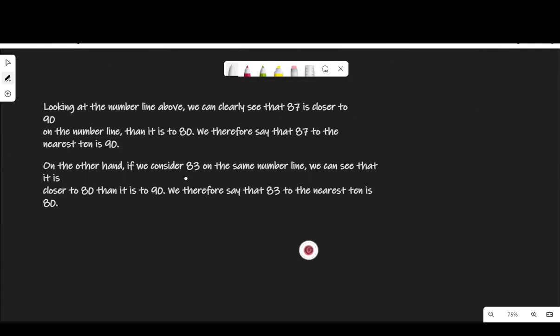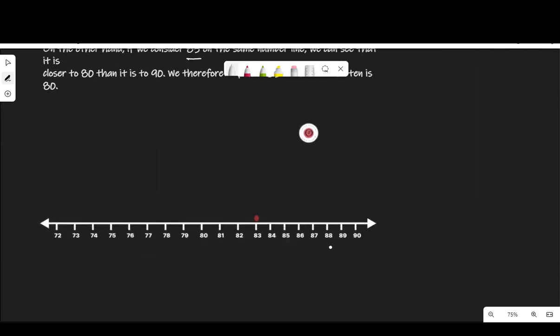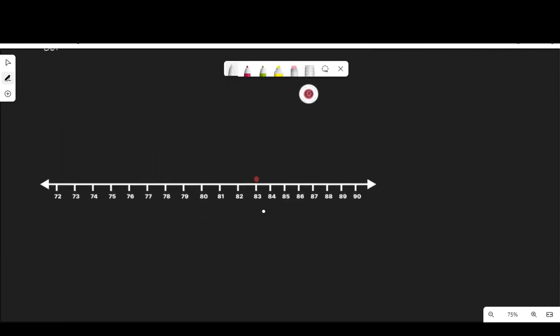On the other hand, let's assume we want to round 83. Now let's use this number line to illustrate that. The nearest 10 to 83 is here. This 10 is closer to 83 than 90. The next 10 to 83 is 90, so 80 is closer to 83 than 90.